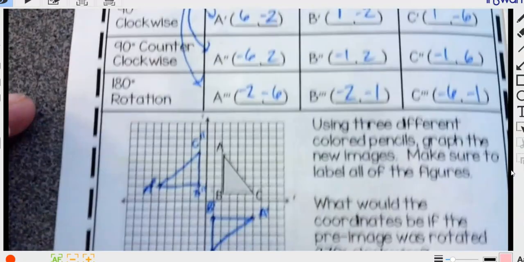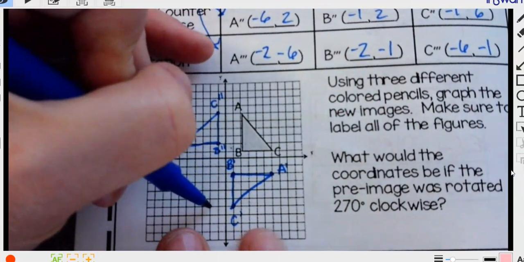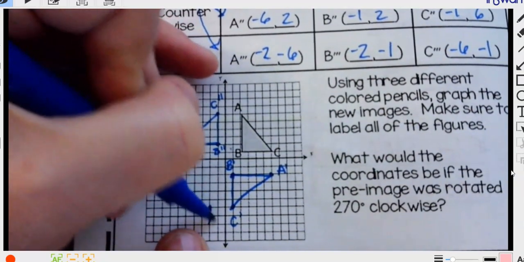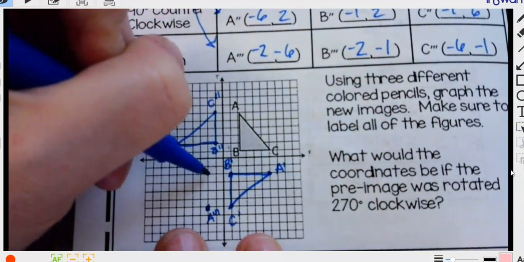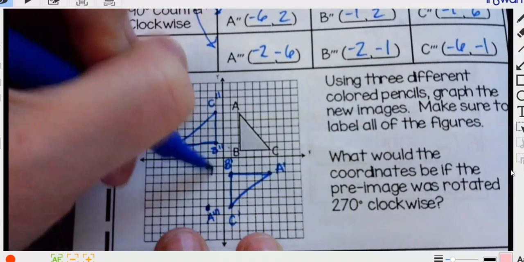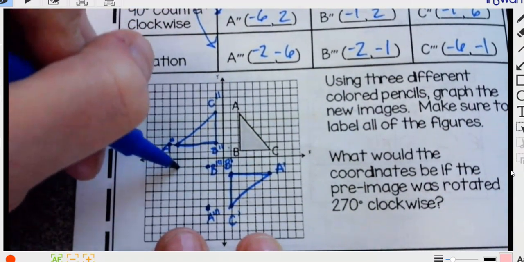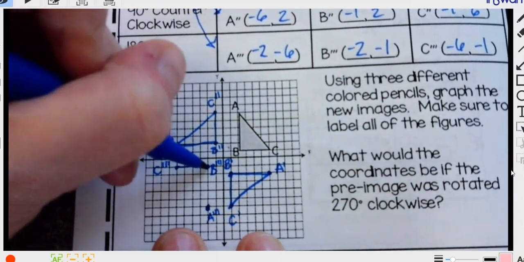And we can plot all of these points. -2, -6, that's A, and 3 apostrophes. -2, -1, that's B, and 3 apostrophes. And then -6, -1, and that's going to be C, and 3 apostrophes.